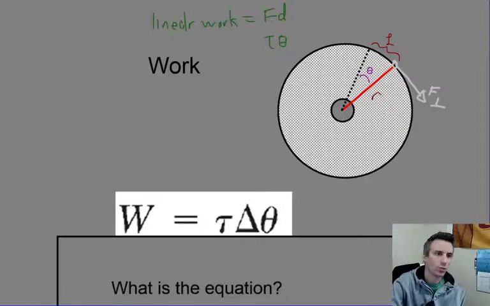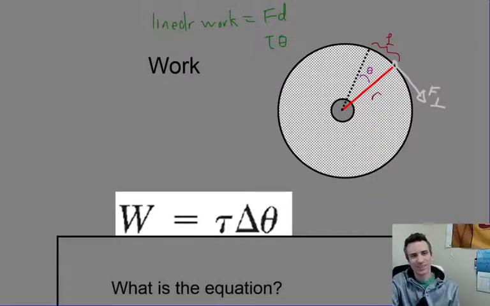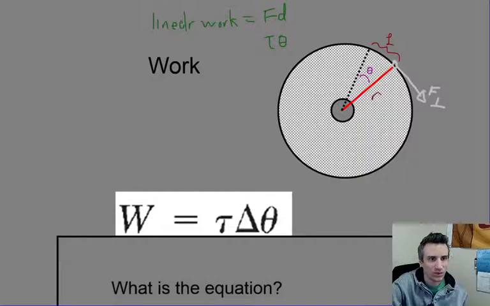Okay, so linear work is equal to force times distance. So since the angular equivalent to force is torque, it's a rotational force, and the angular equivalent to distance is theta, therefore work is equal to torque, right, rotational force, times rotational or angular displacement.